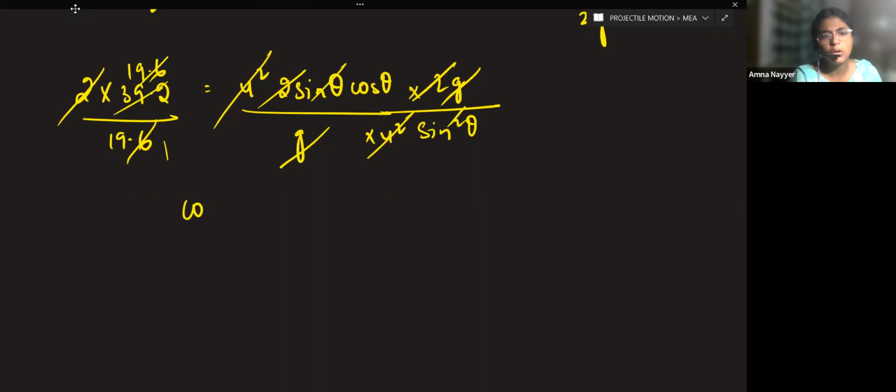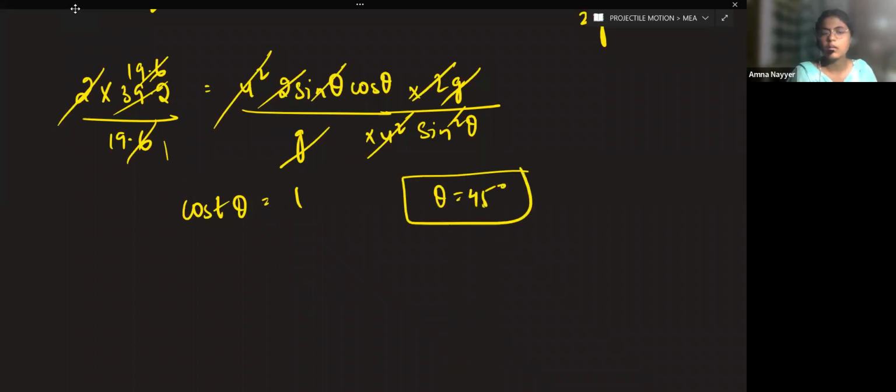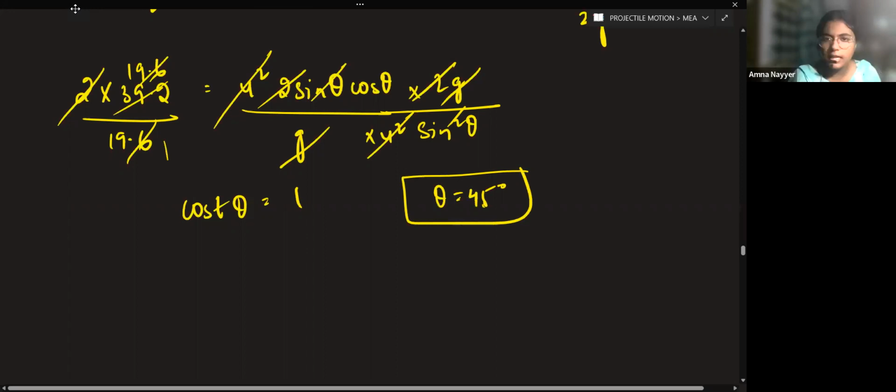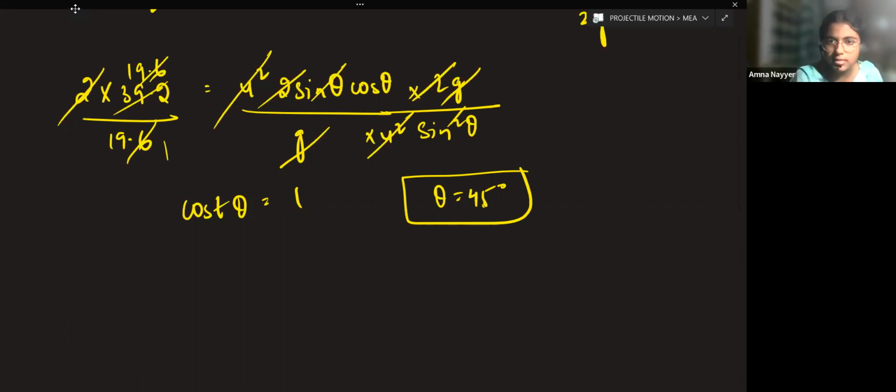So simply cot theta is equal to 1, or 1 by tan theta is 1, so tan theta will also be 1. So your theta will come out to be 45 degrees. Got it? 2 got cancelled, 19.6 got cancelled, sine theta got cancelled with sine square theta, u square and g got cancelled.